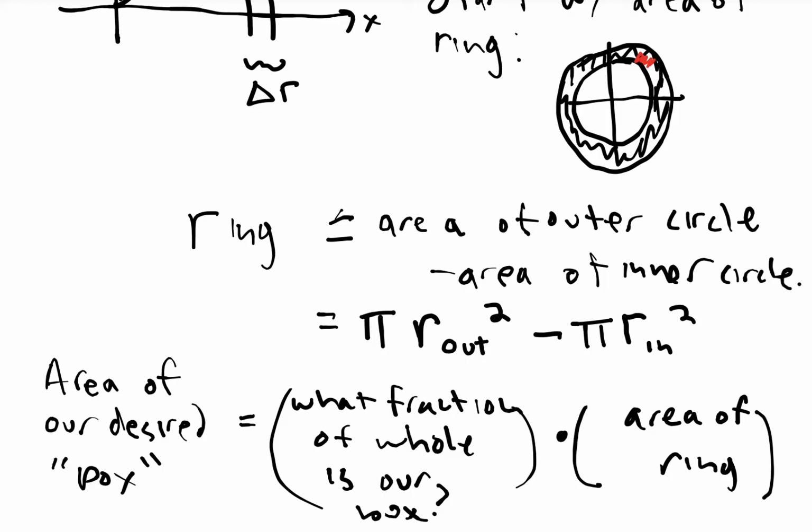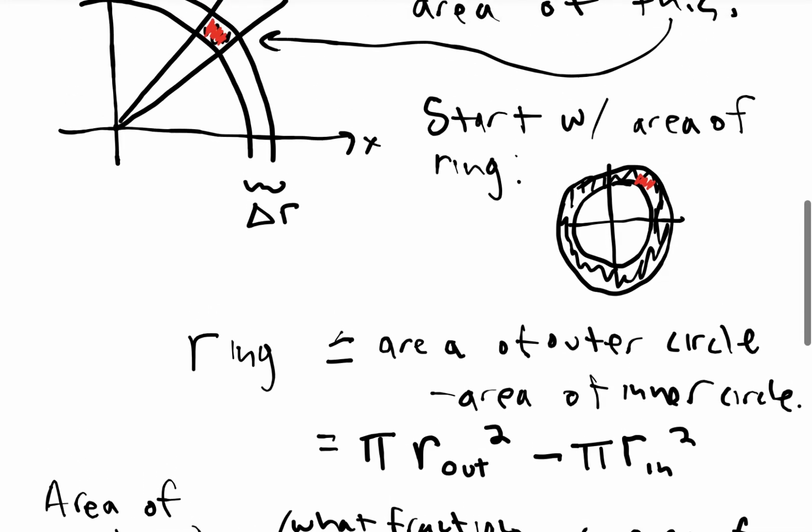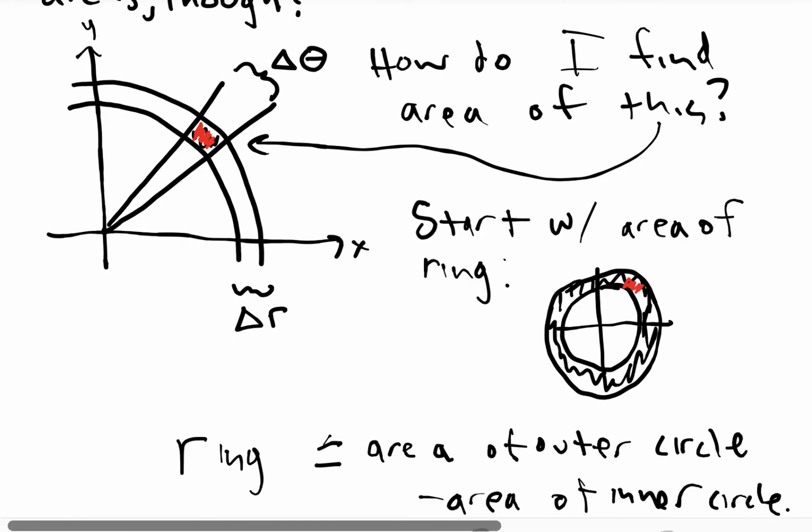Well, let's think about this. If I scroll up to look at this picture here, we've got this tiny little sliver of angle, but that's just a sliver out of the whole 360 degrees, or we don't usually use degrees in this class.